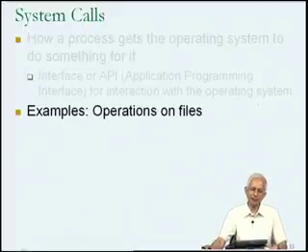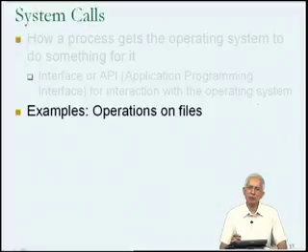So let's look at some of the system calls. In some Unix systems, you will find that the functionality for operations on files is provided through system calls. I believe you will all be familiar with files. For example, when you have a program which needs to maintain data well beyond the lifetime of the program itself, then your only option is to store the data in a file.